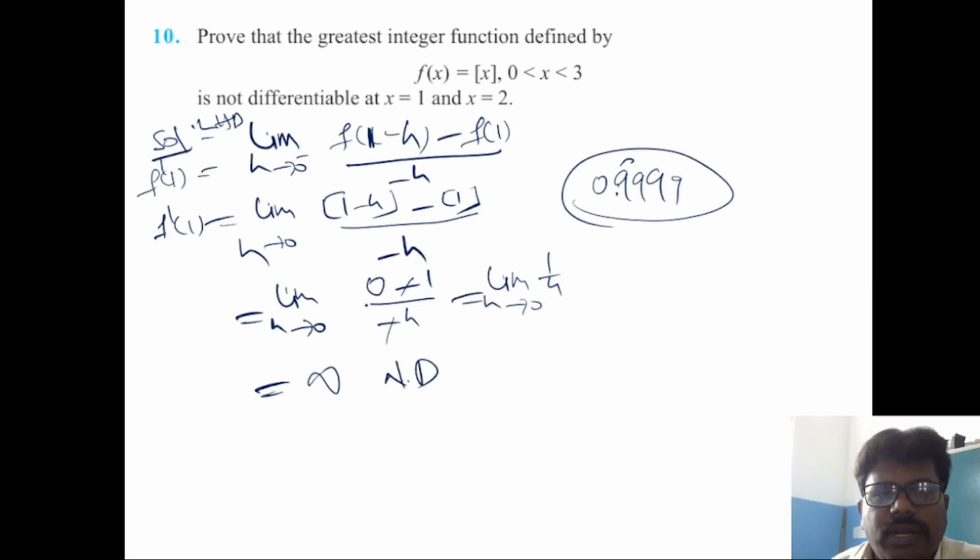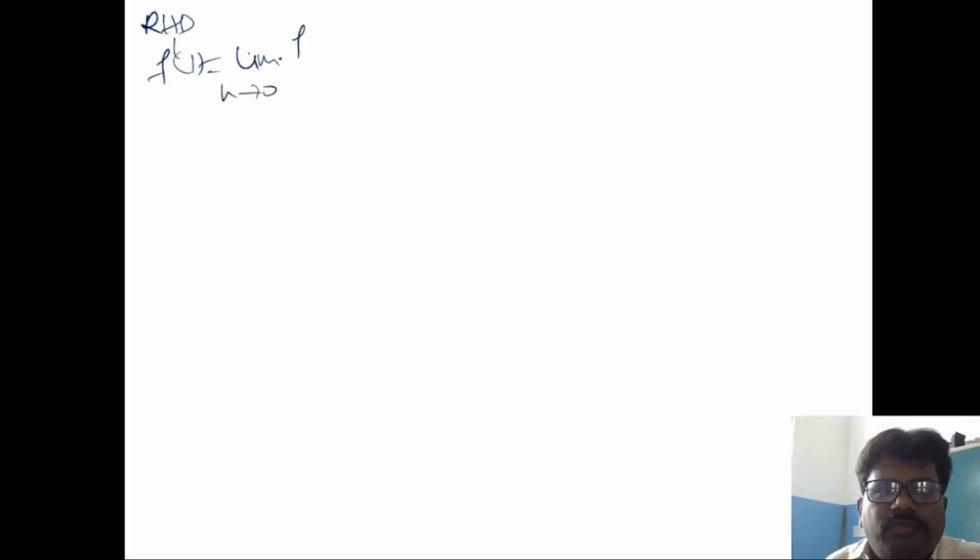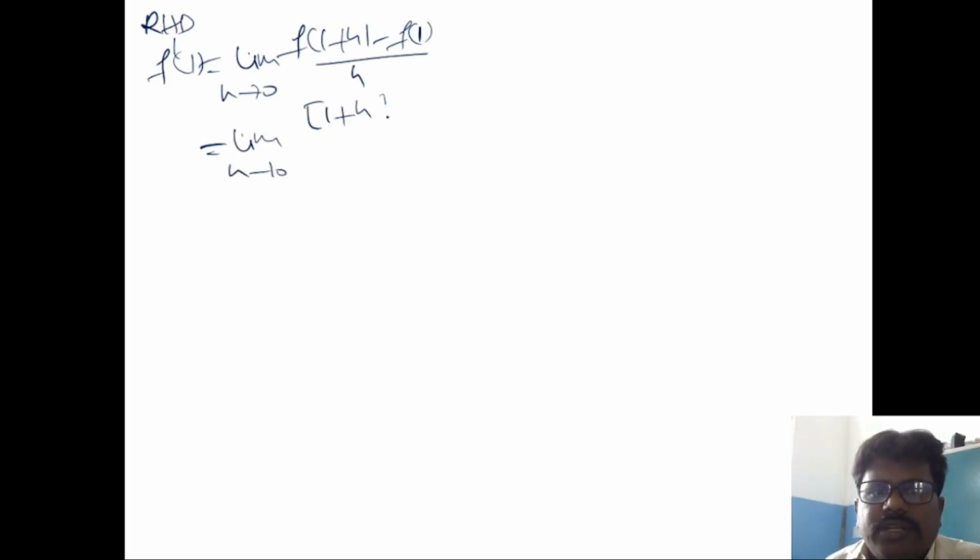So now next, the right hand derivative. So right hand derivative at 1 we are checking. So f dash of 1 is equal to limit h tends to 0, f of 1 plus h minus f of 1 divided by plus h. So here limit h tends to 0, greatest integer of 1 plus h minus 1 divided by plus h.